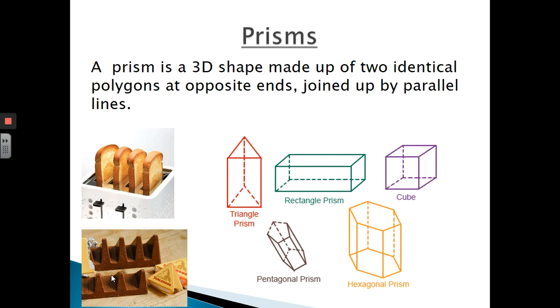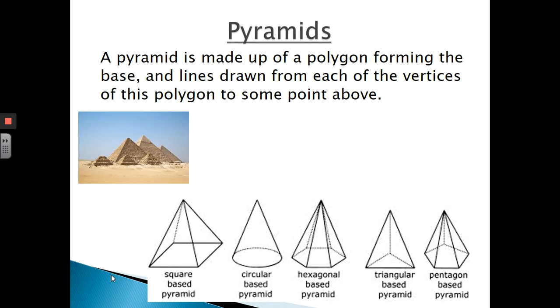We've got an example here of a hexagonal prism, pentagonal prism. So it's really using that knowledge of those polygons to help you. And pyramids. A pyramid is made up of a polygon forming the base.